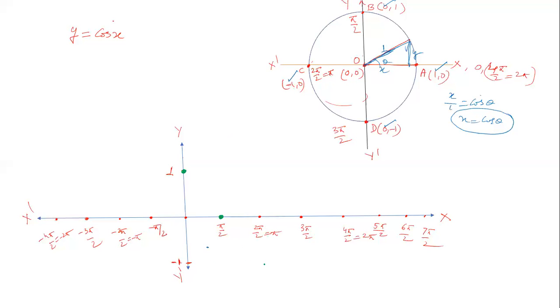We will take coordinates very carefully. At 3 pi by 2, it is 0. And at 4 pi by 2, it is again 1.